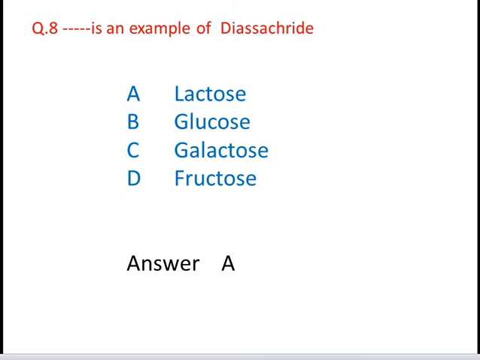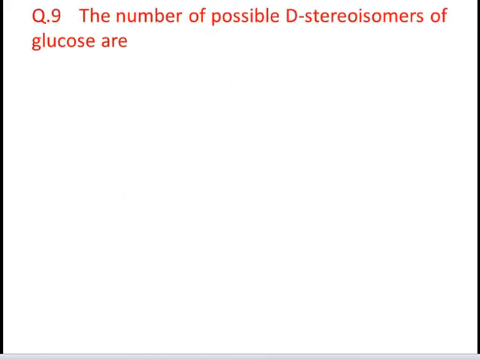galactose. So the next question is, the number of possible D-stereoisomers of glucose are. These are the four options: A 2, B 4, C 6, and D 8. Yes, the correct answer is D, that is 8.